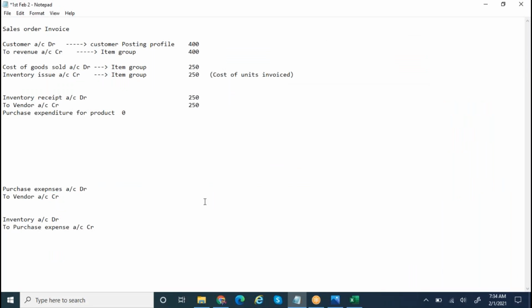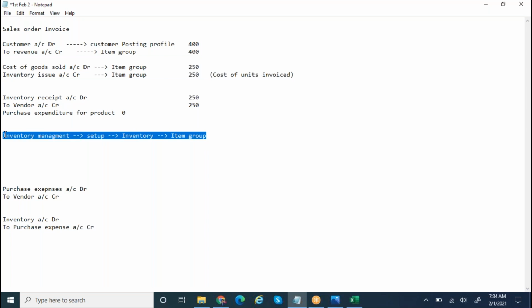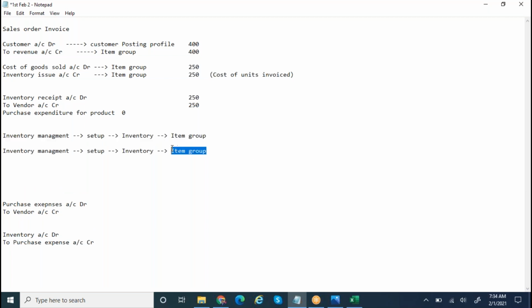So you open the same thing actually, like in general, inventory management, setup, inventory, item group is enough. So I have explained this one, but the same thing we are able to open, this posting.